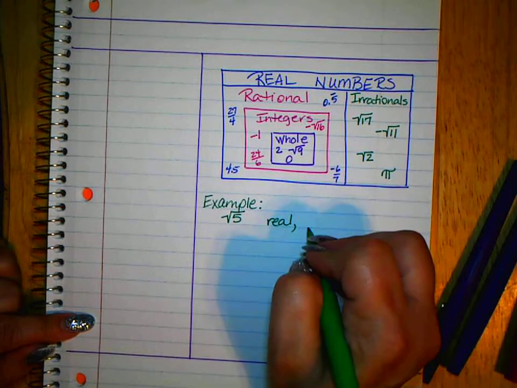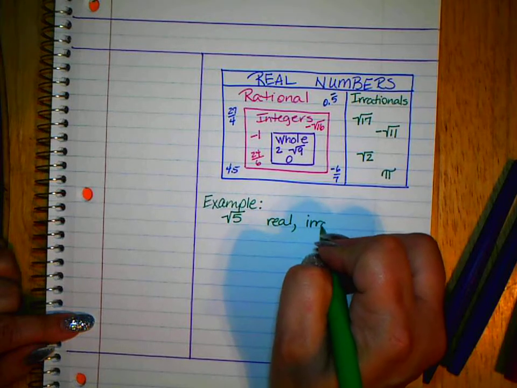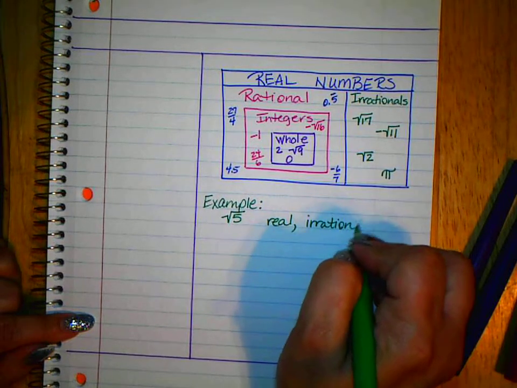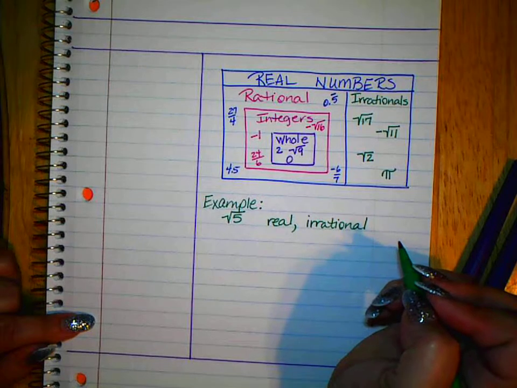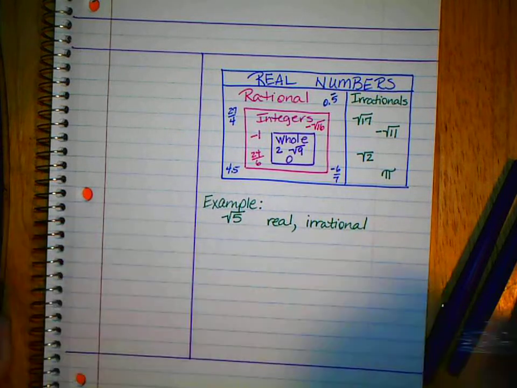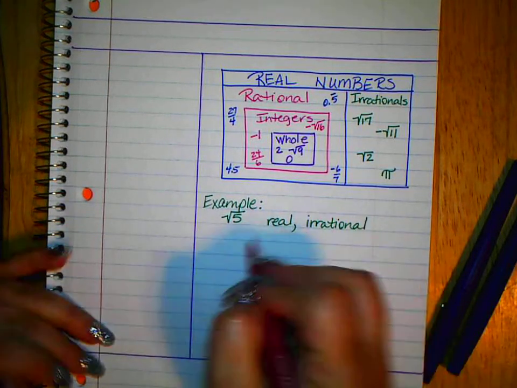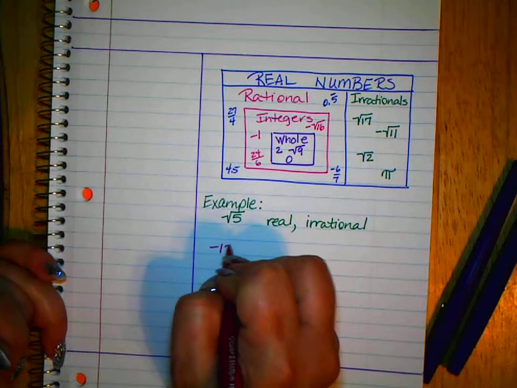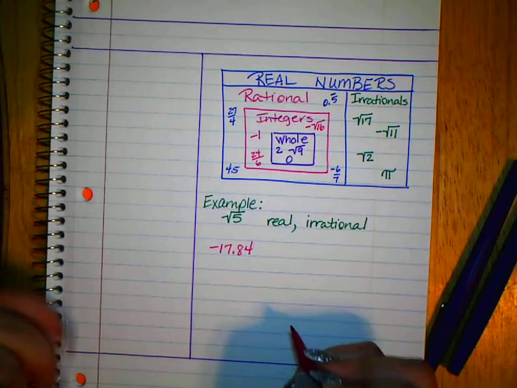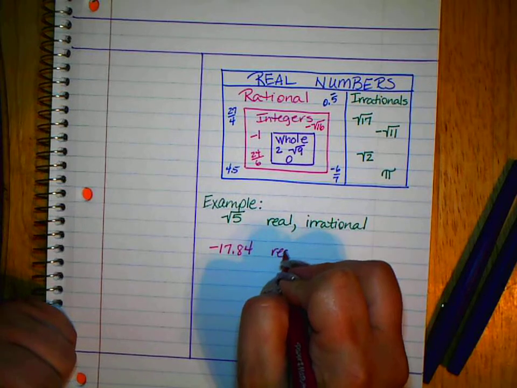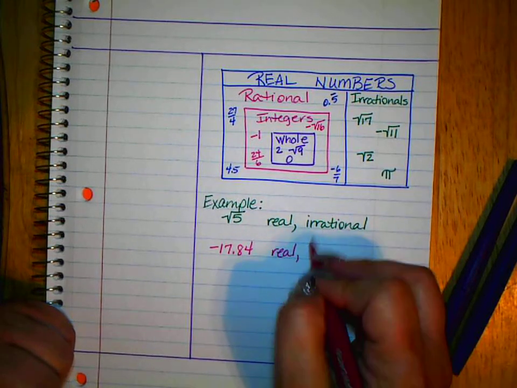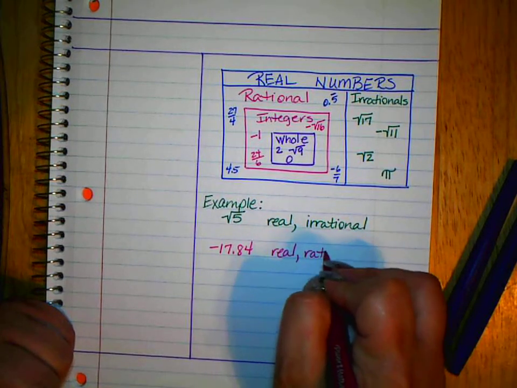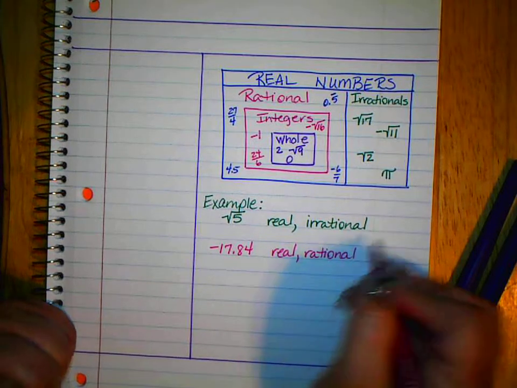And it is irrational, because it is not a perfect square. Then we have negative 17.84. Of course, that is a real number again. This one is a rational number because we could write it as a fraction.